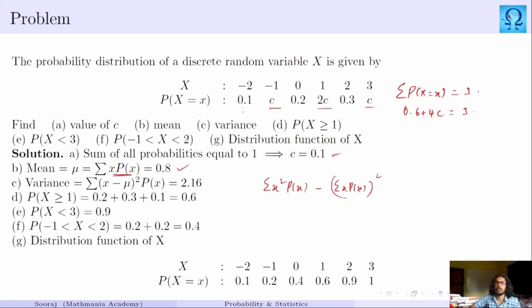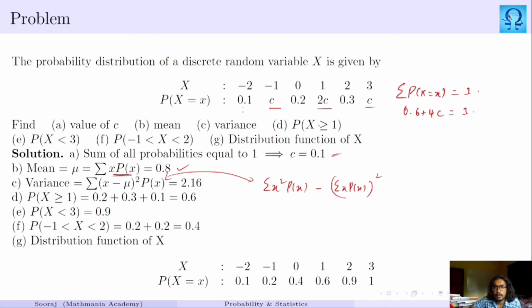This way you can do it. Or if you want to get one from the other, that is also possible. All you have to do is take common quantities and do some mathematical manipulations to get the equivalence. You can work with any of these formulas, right? This way we can find the variance.